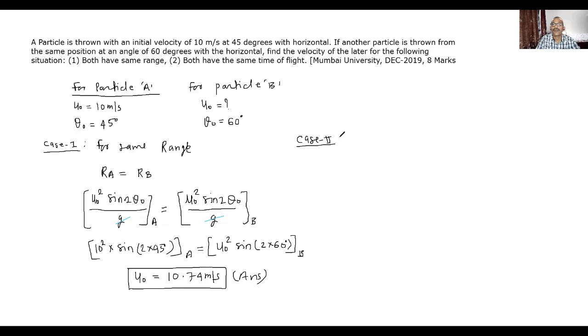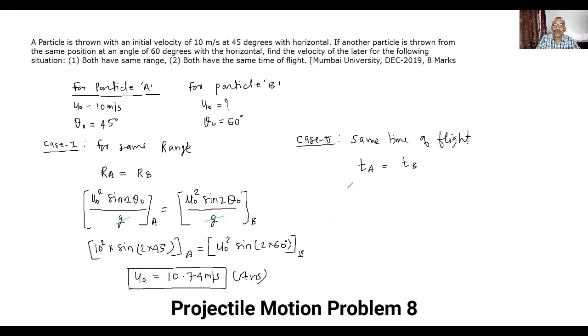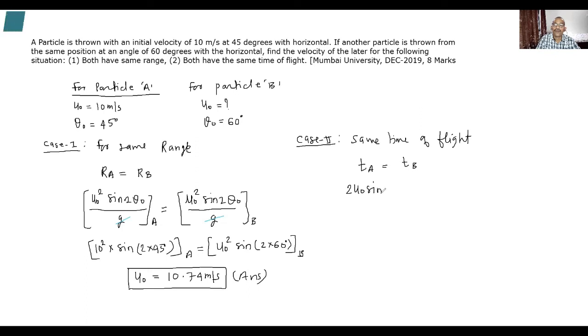For case 2, what is given is that both have the same time of flight. For the same time of flight, the time of flight of particle A equals the time of flight of particle B. The standard formula of time of flight is 2 u0 sine of theta 0 upon g.